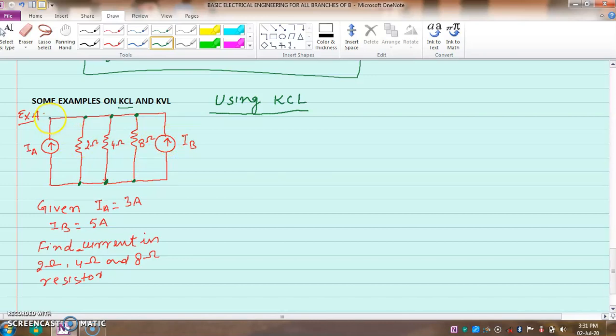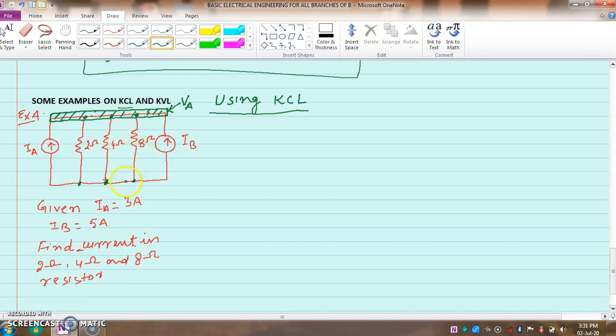So now you see from here, this point to this point, there is no resistance. So all these points will have the same potential. Let this potential be VA, because there is no resistance.